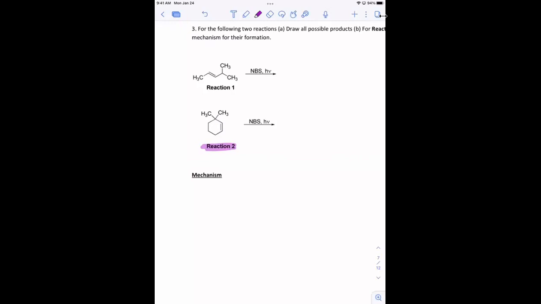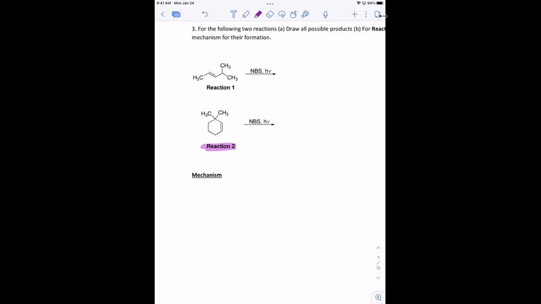Is it alkyl halide synthesis? And you're trying to put a bromine at the allylic site. Is that right? Yes. So how do we do that? We say it's a radical mechanism. You go through initiation, then you get into propagation.